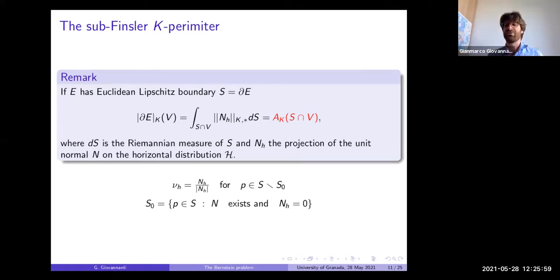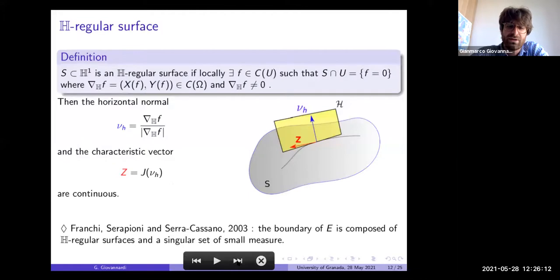So if the projection of the normal is equal to 0, that means that the normal at that point coincides with the vector field T.